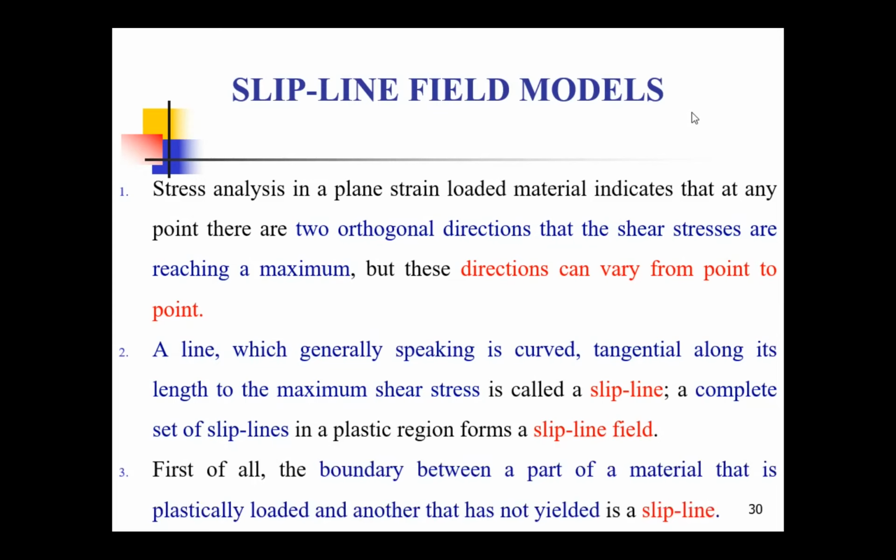Or more simply, it is the boundary between a part that is plastically loaded and the other that has not yielded. So there is a boundary that differentiates the material that has plastically yielded from that which has not. That line is known as the slip line. In another sense, it is the borders of the primary deformation zone.